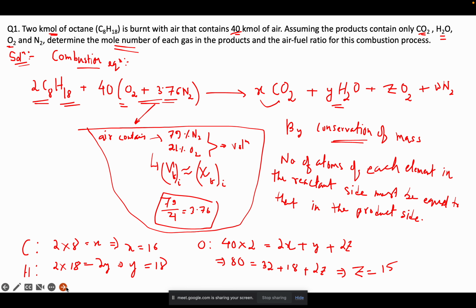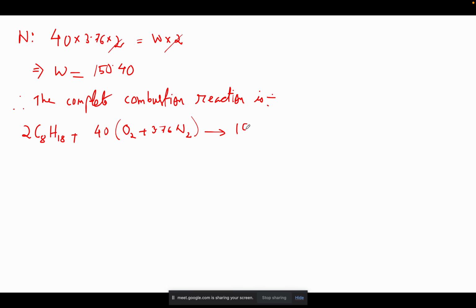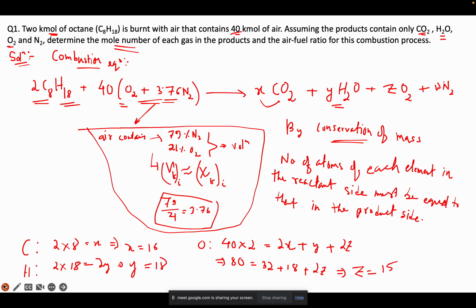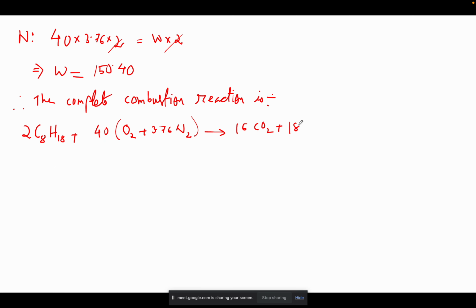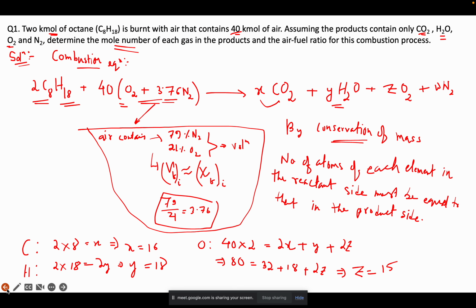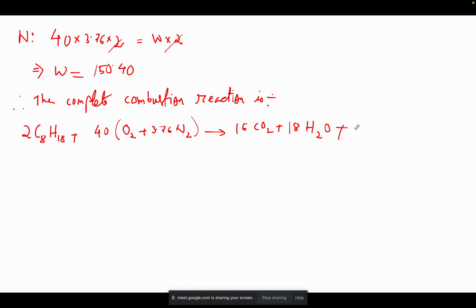Okay, and this side it will be 16 CO2 plus 18 H2O plus 15 O2 plus 150.40 N2.